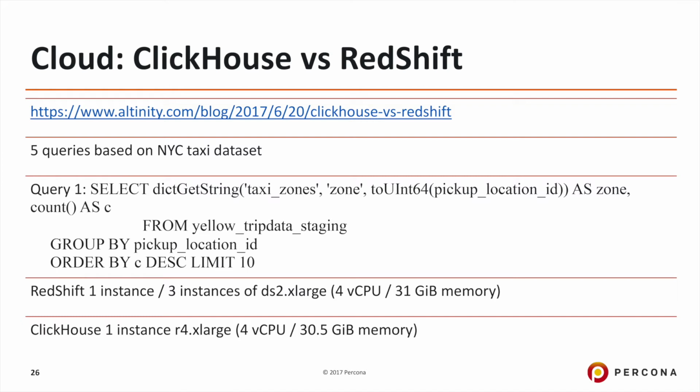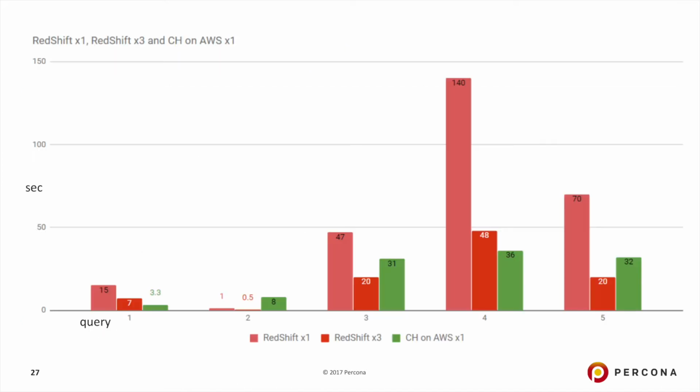We compared ClickHouse on 1 instance with Redshift on 1 and even 3 instances, on what we think is equal hardware. We executed 5 different queries and measured query response time in seconds. Obviously, the faster is where it takes fewer seconds to execute.